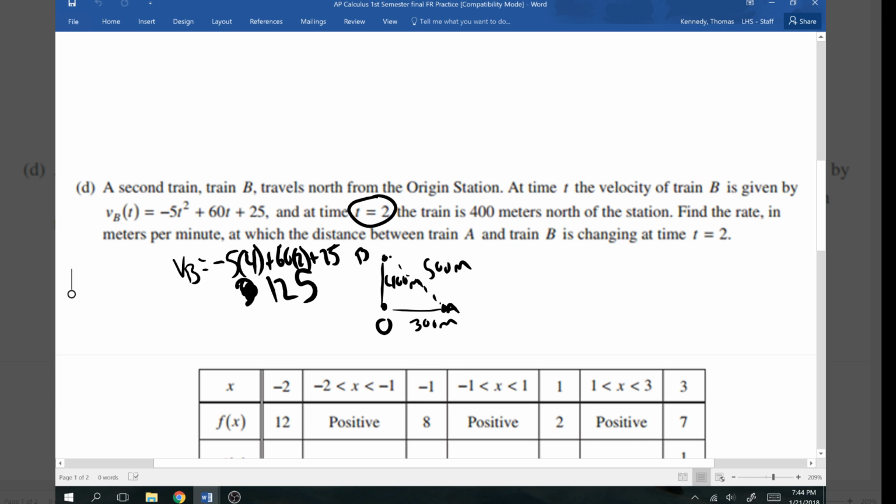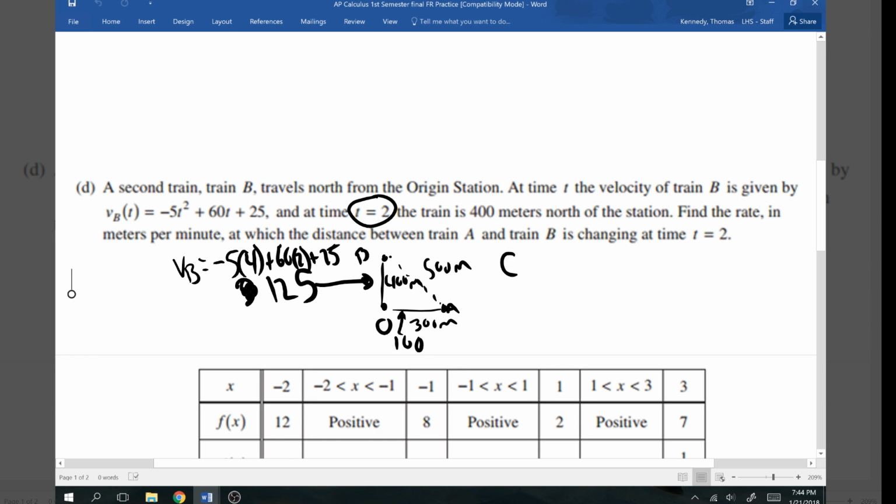Our velocity of our train A is from the table up top, at 2, 100 is this velocity. So now I have dB/dt, I have dA/dt, and I have A and B and C. So I'm just going to set up my, I called it D, I think.